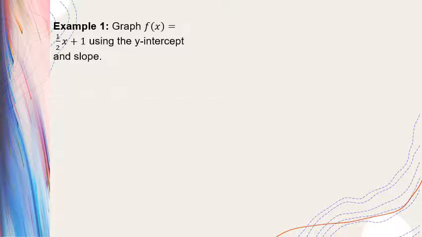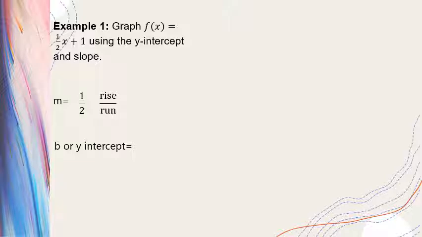Let's have the example. Graph f of x equals 1 half x plus 1 using the y-intercept and slope. So this is the m or the slope, and b or the y-intercept. Get the m, that is 1 half, where 1 is the rise and 2 is the run.